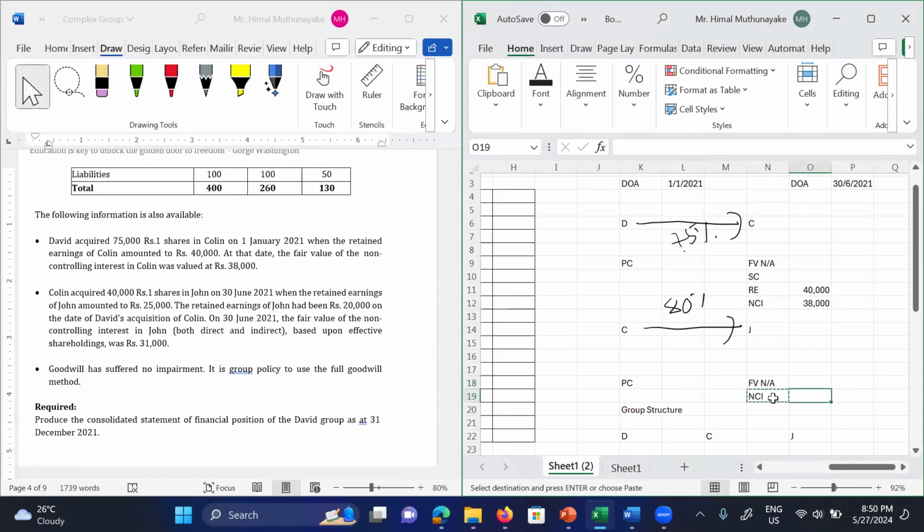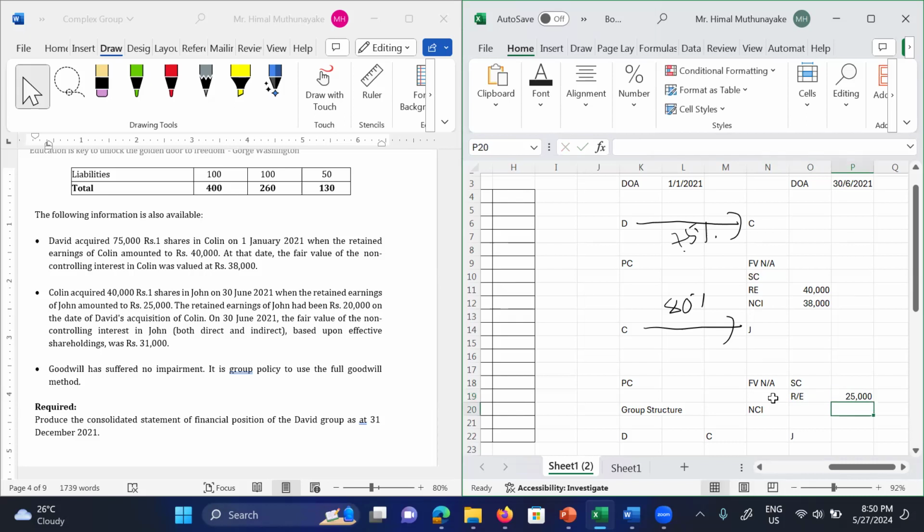So I'm using the NCI down the line, capital and the retained earnings. Retained earnings of John amounting to 25,000.